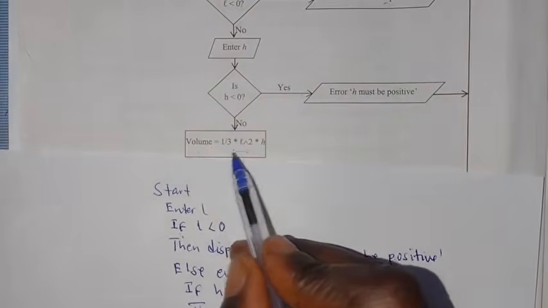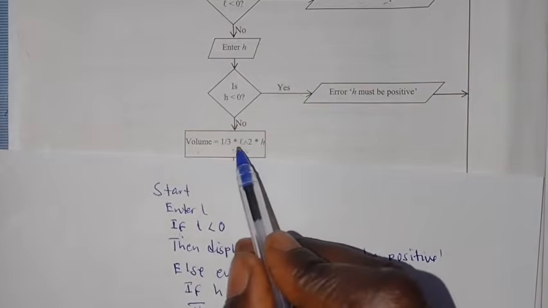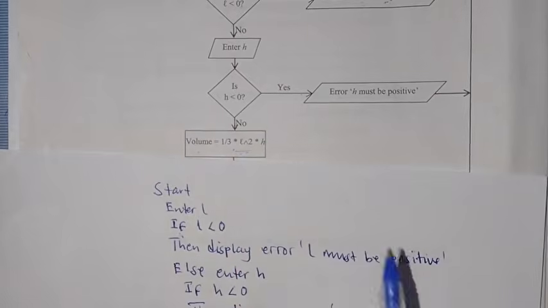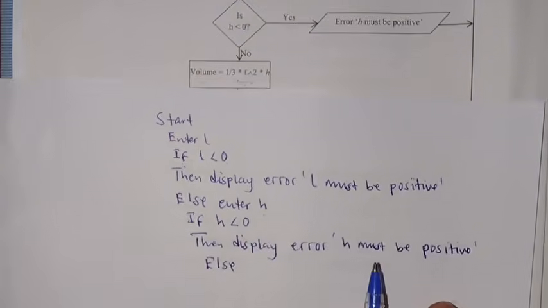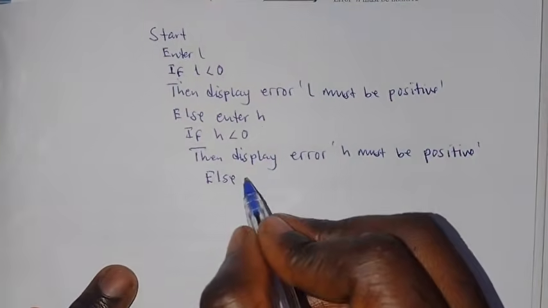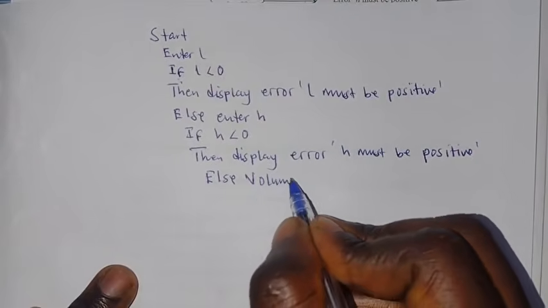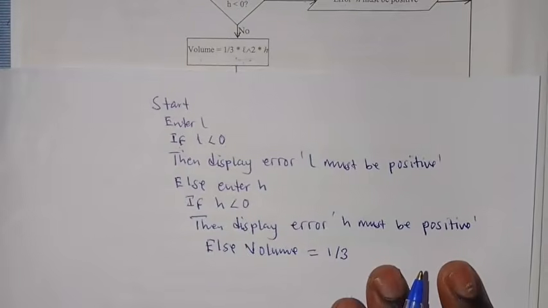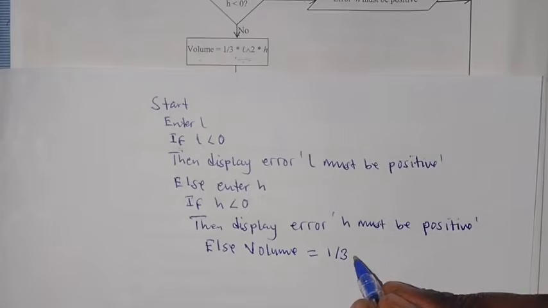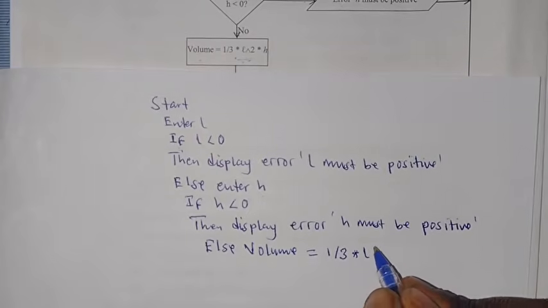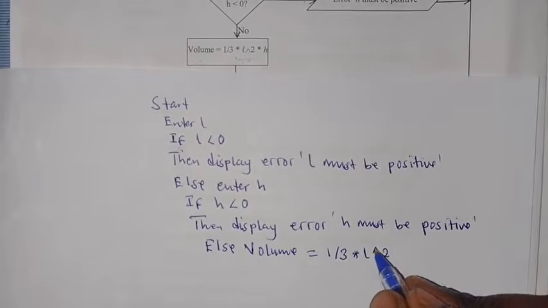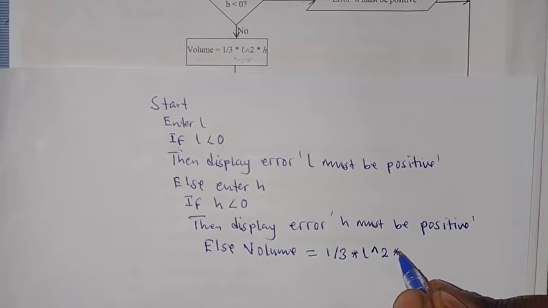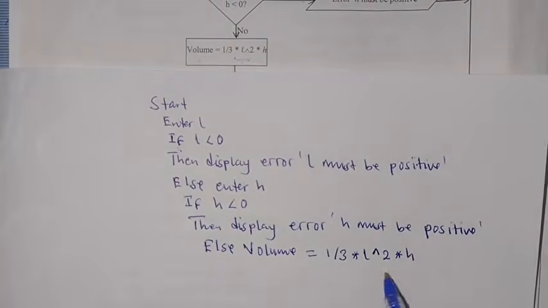Since we have the action box, we'll just copy everything that is here: else volume is equal to 1 over 3 times L raised to the power of 2 times H. We use this symbol, which is the symbol used for power on the computer.